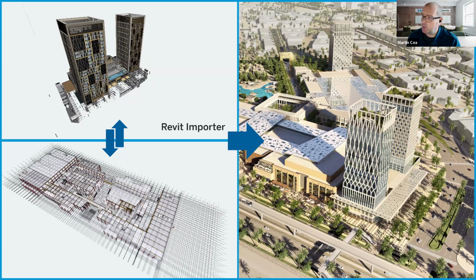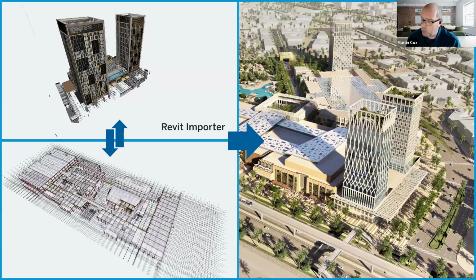But then they'd worked in Revit, and then it went to the customer, and the customer said, instead of the towers being the same, we'd quite like to see what it would look like potentially with a different design on. So they used the Revit importer to import the Revit model into SketchUp. And when they use that in SketchUp, they can then visualize that and show that.